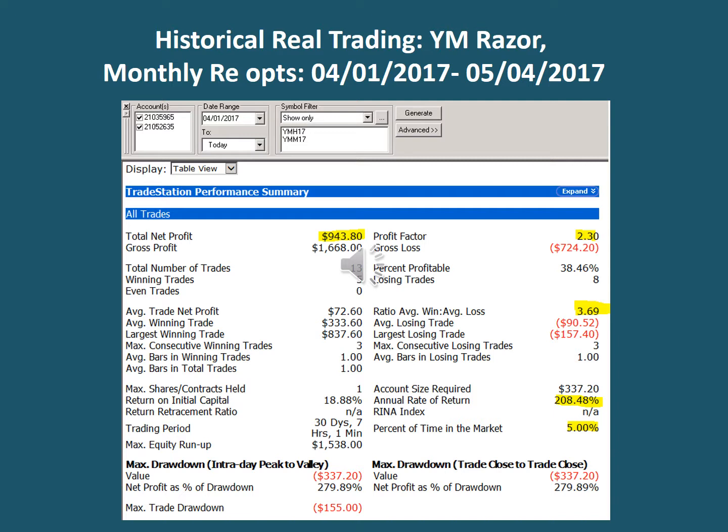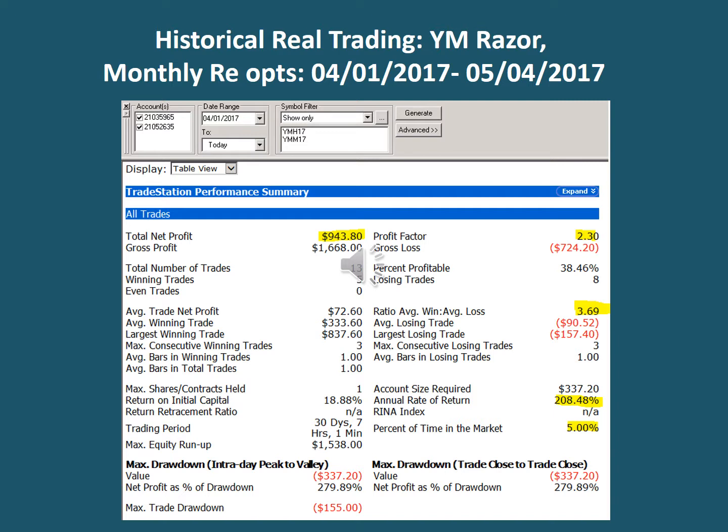Annual rate of return using the drawdown is 208%, and it's only in the market about 5% of the time. That's pretty decent for something that's out of the market 95% of the time, and it has a stop loss of $150. So this is my favorite right now.